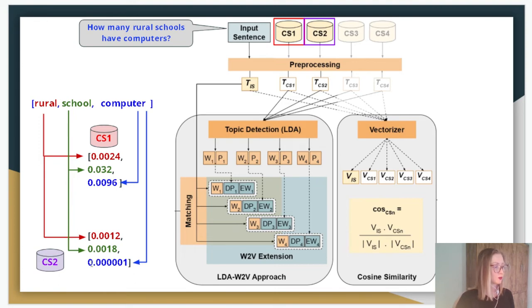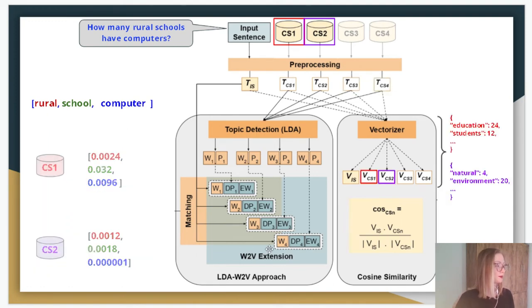That's because the word was not found in any triple, so we put a default value. With this step, we already have all probabilities from the LDA Word2Vec module, but we still have to aggregate the cosine similarity that is on the right part of the figure.